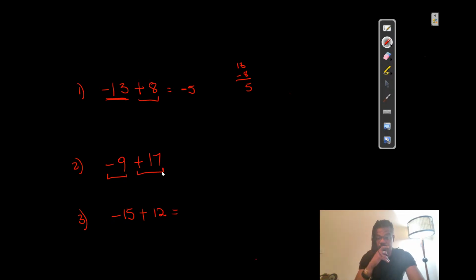So when I have the 17 now, can I pay off the 9 that I owe you? Yes, I can. So then I'm going to have a positive value left over. Now, how much is going to be left over when I take $9 out of the 17 and pay you off? Then I'm going to have $8 left over, right? So I'm going to have 8 as a positive value as the answer.